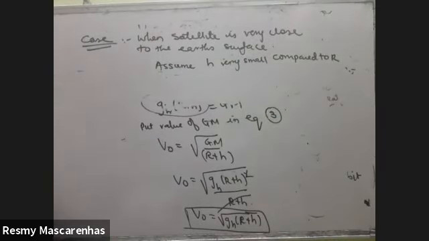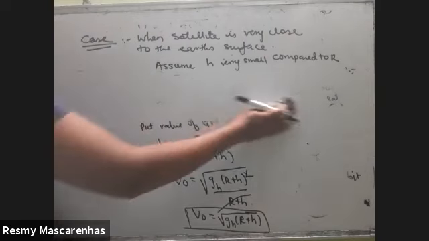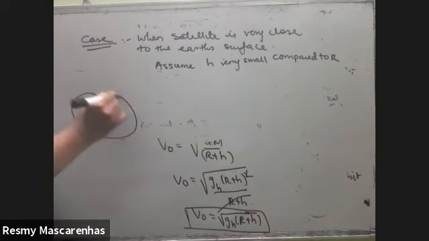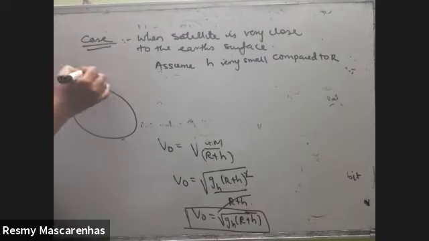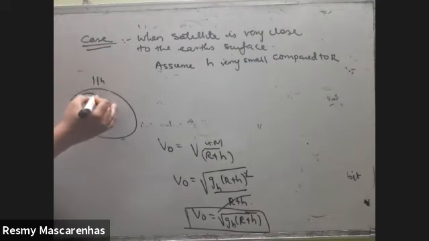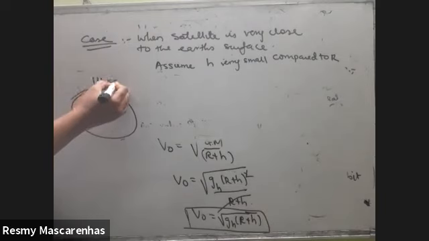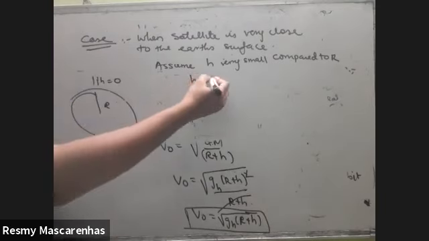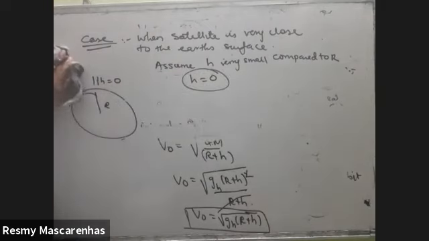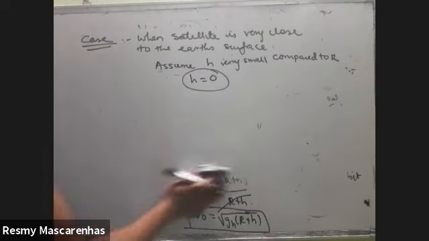So what we can do, we have to ignore that h. Suppose this Earth is quite big and comparatively the height is very small compared to this big radius, then we have to take it almost equal to 0. Okay. So we have to take height as almost 0 compared to the radius of the Earth.